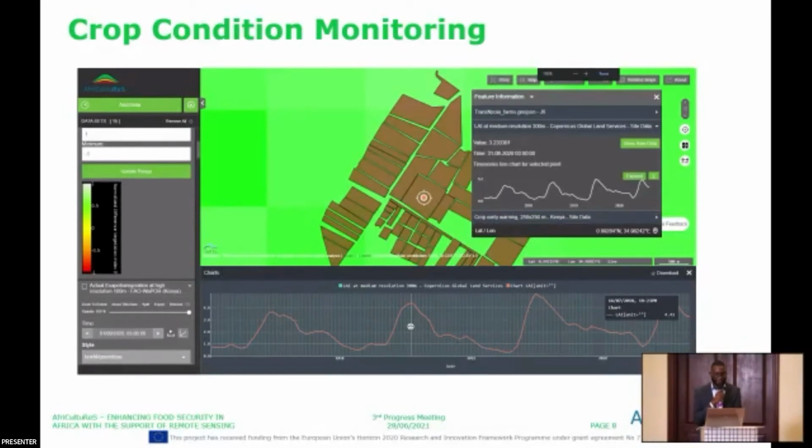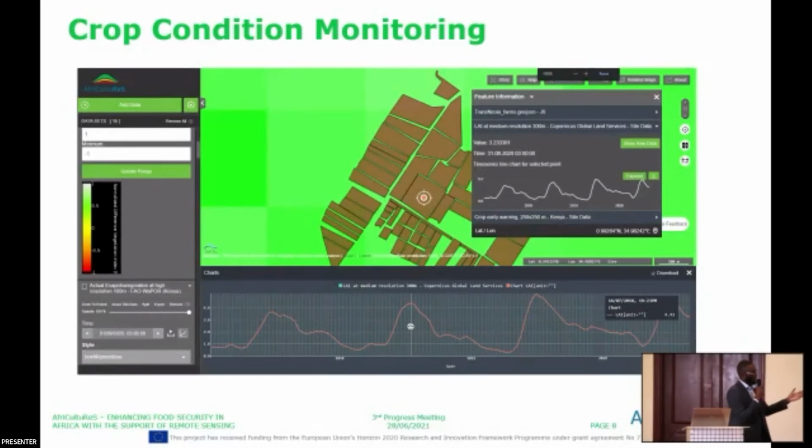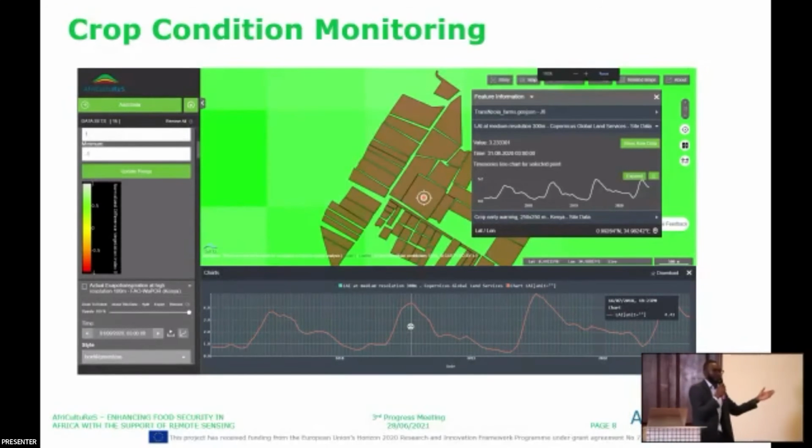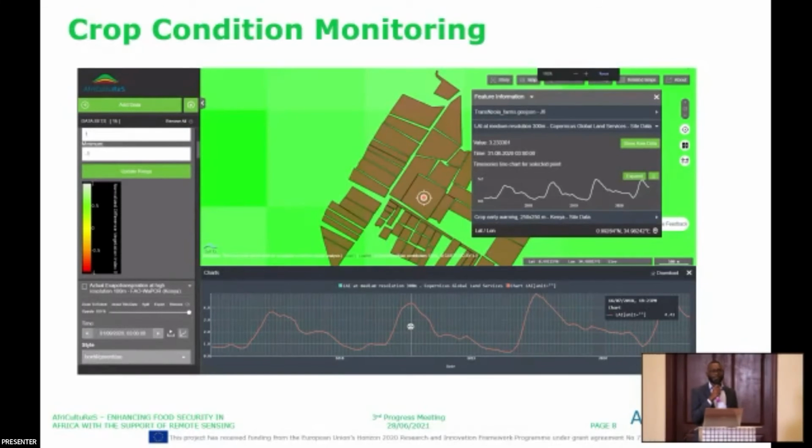So in season, again, these are 3 seasons. You can expand the graph and see the trend, how the crops are doing. We had the NDVI anomalies, and we have the leaf area index as had been presented earlier.